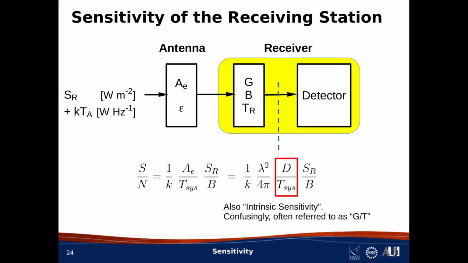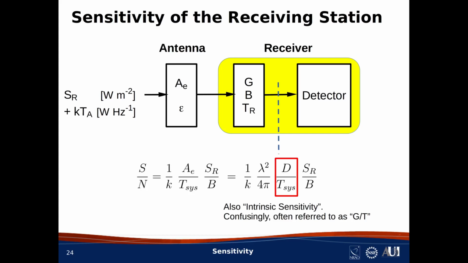Now, in lieu of AE over T-sys, we have D over T-sys, that is directivity over system temperature. This too is an intrinsic measure of the sensitivity of the system, and this may be more convenient if you're working in quantities expressed in terms of directivity as opposed to effective aperture. Now, you'll often see this quantity referred to as G over T, which is shorthand for antenna gain over system temperature.